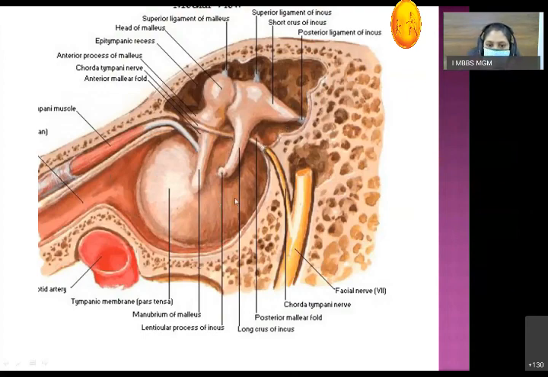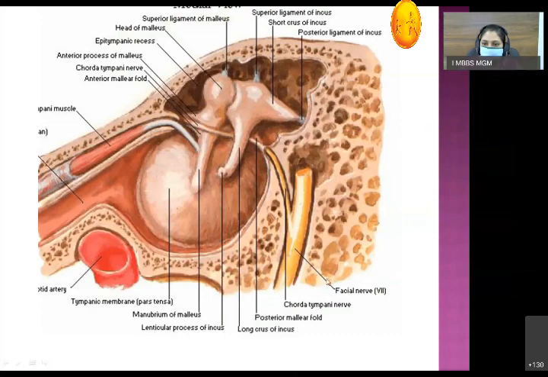Okay, from the inner side we are seeing the lateral wall from the inner aspect. This is the anterior wall where you can see the eustachian tube. This is the tensor tympani muscle.